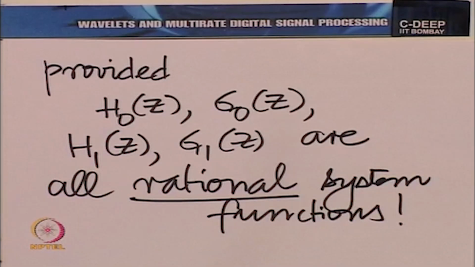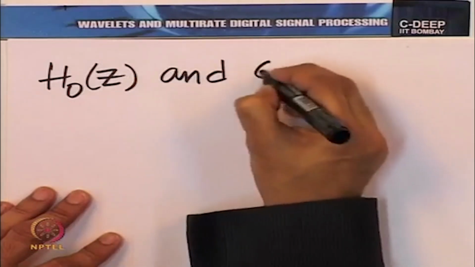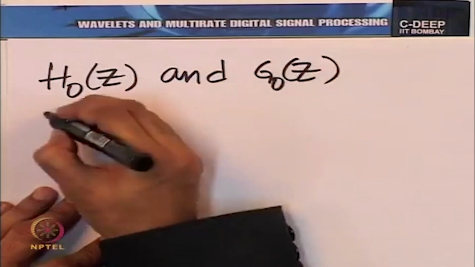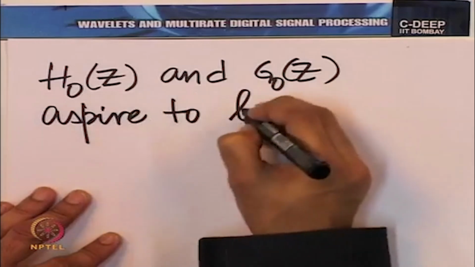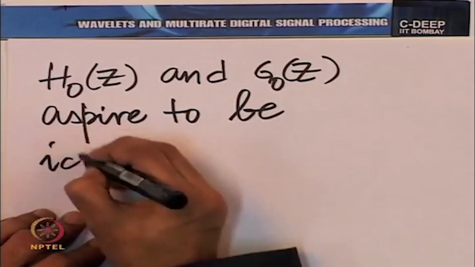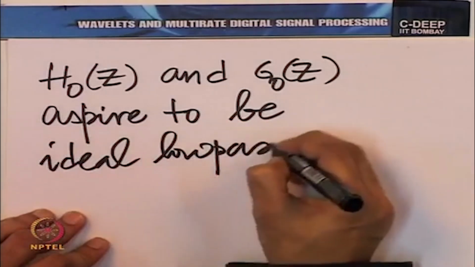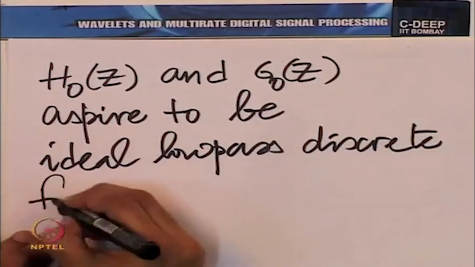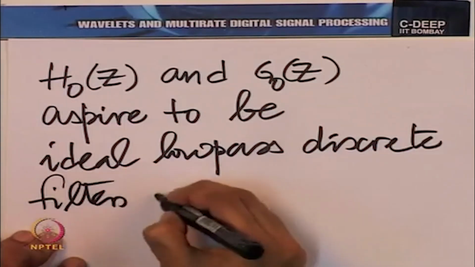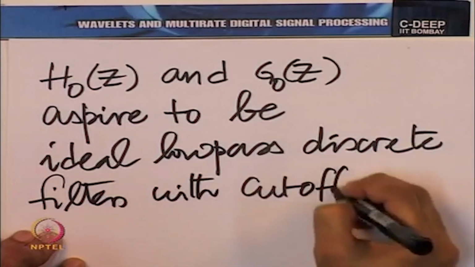And of course, H 0 z and G 0 z aspire to be ideal low pass filters with cutoff pi by 2.